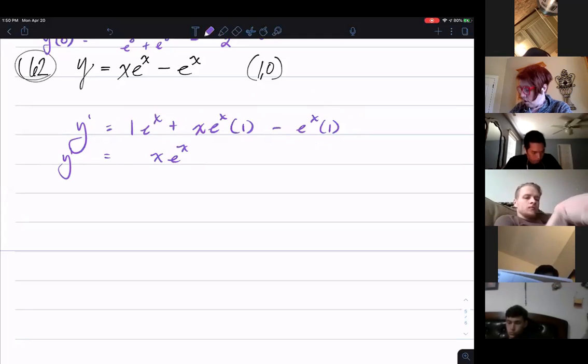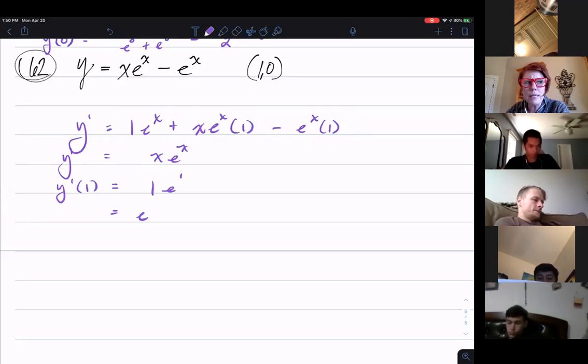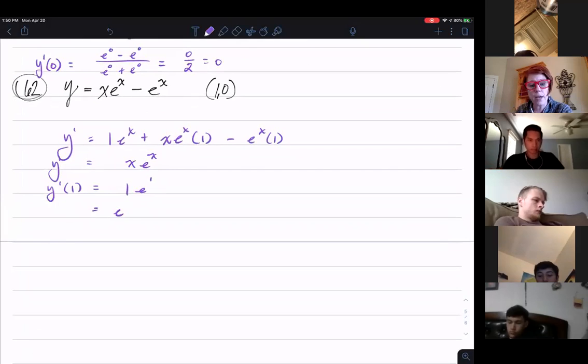Again, 1. Okay, so we've got y prime at the x value of 1, which gives e. Decimal? I would just say it's e. Yes, it is a decimal, but it's a lot easier to write down e than it is to write down the decimal. Okay, so my slope then is e.